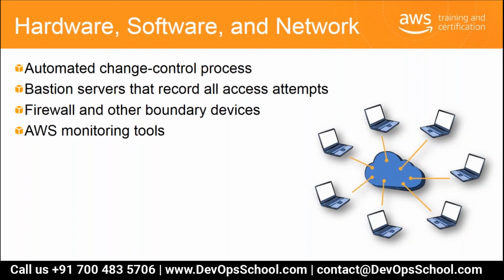So hardware security, network security and software security, which AWS provides, is a highly available, redundant, and extremely secure environment. Any change to AWS hardware and software is managed through a centralized automated change control process.